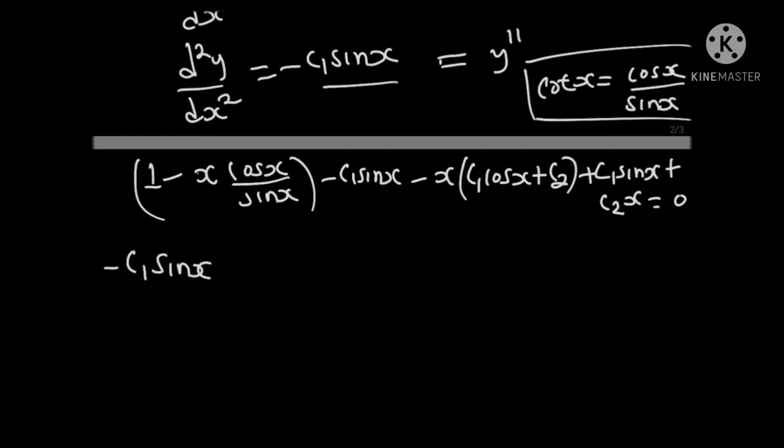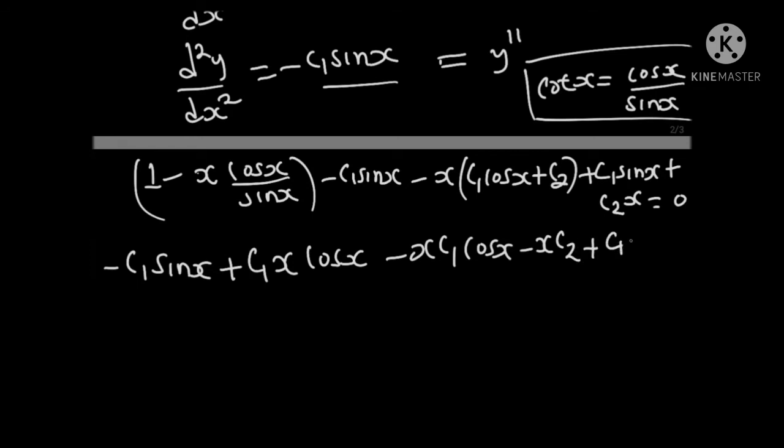Sine and sine will cancel, giving us plus c1 x cos x, minus c1 cos x times x will give us minus x c1 cos x, then minus c2 times minus x will give us plus x c2, plus c1 sine x plus c2 x equals 0.